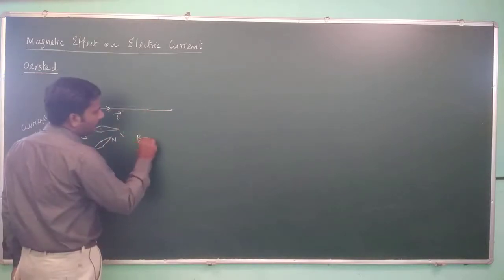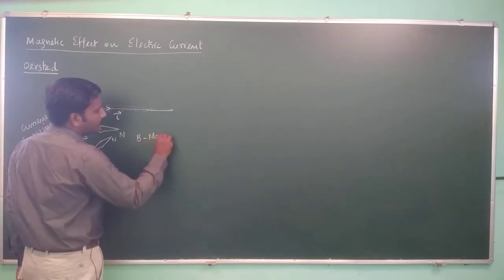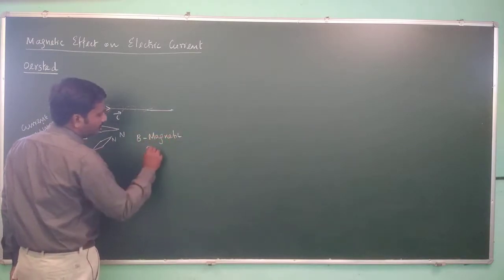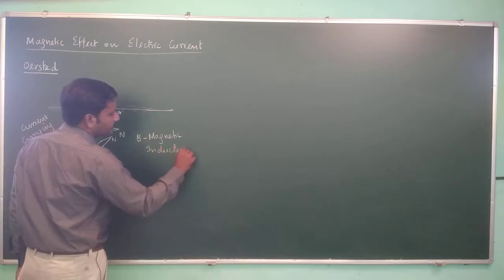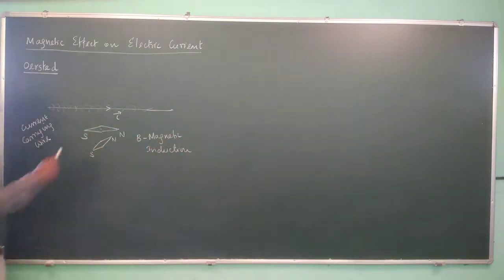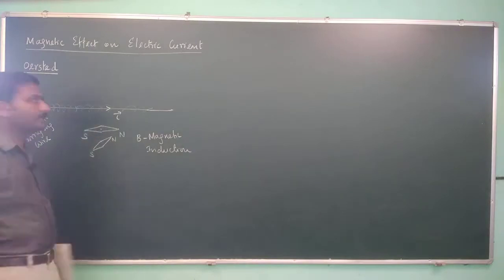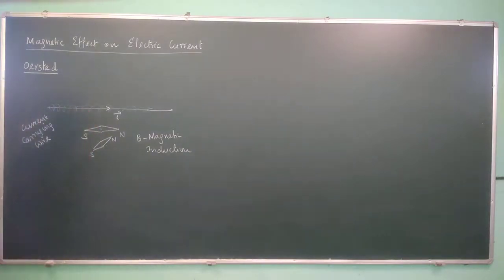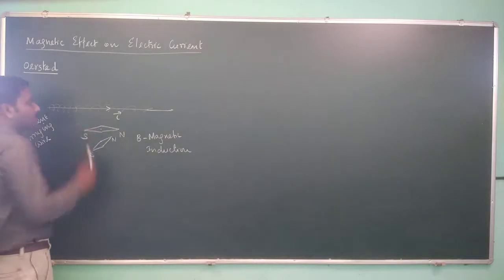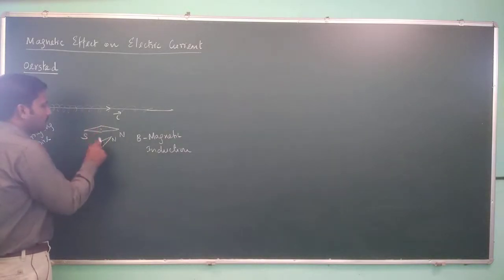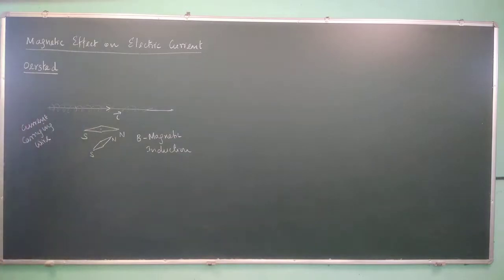This magnetic induction is denoted by B. As there is a magnetic induction created, that is, a magnetic field created around the current carrying wire, that magnetic induction makes the pivoted magnetic needle deflect. So this is the idea. But the question arises, in what direction will this needle turn?